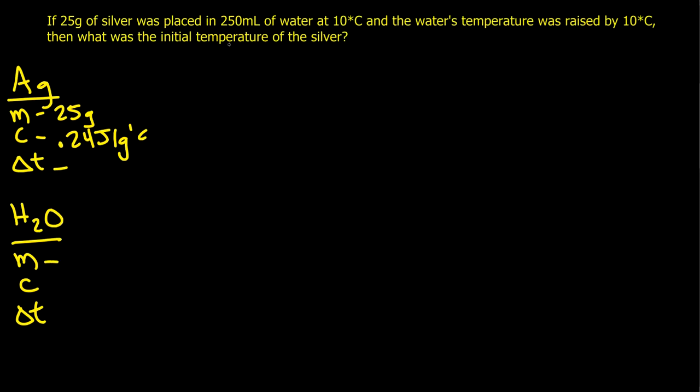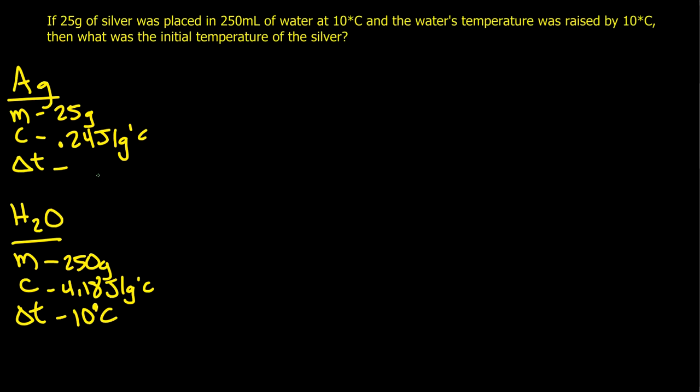Water is H2O. That's going to be 250 milliliters. So that's 250 grams. Specific heat of water, 4.18 joules per gram degree Celsius. And the temperature change, it says it was raised by 10 degrees Celsius. So the temperature change is 10 degrees Celsius. Now for the temperature change of silver, I need to know the initial temperature.